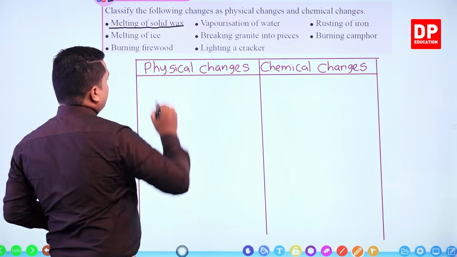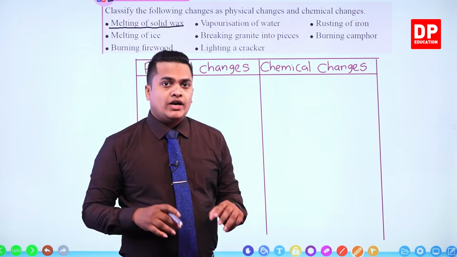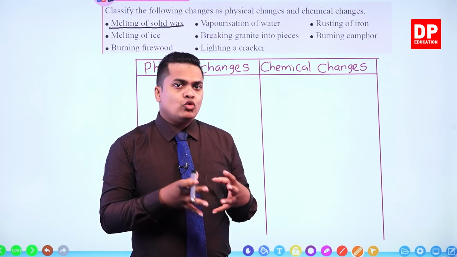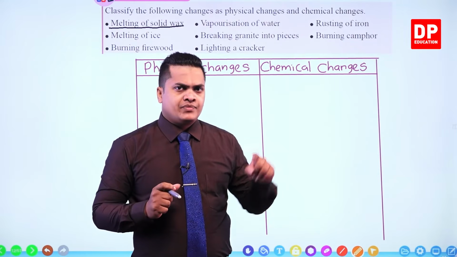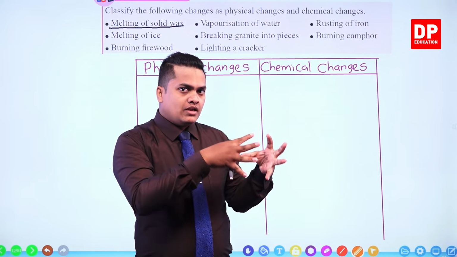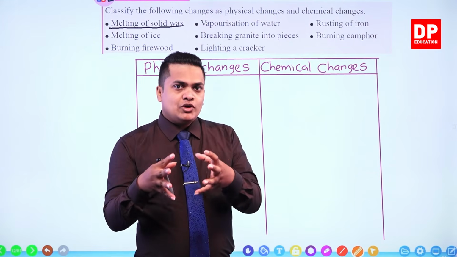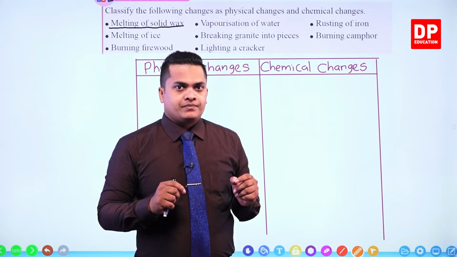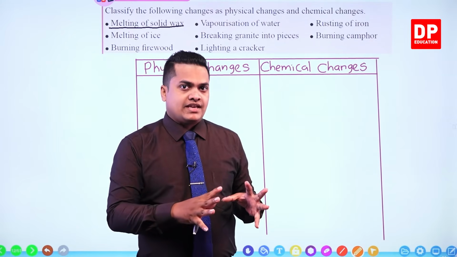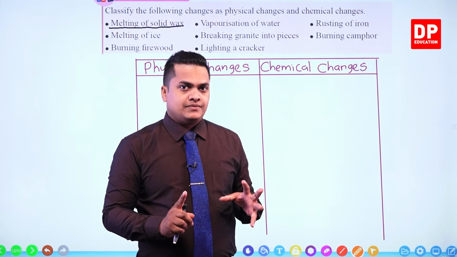Melting means you are turning a solid substance into a liquid substance. Solid is getting changed to liquid, like ice is getting turned into liquid water. Right? I took that example when I was starting the lesson. I think you could remember it.